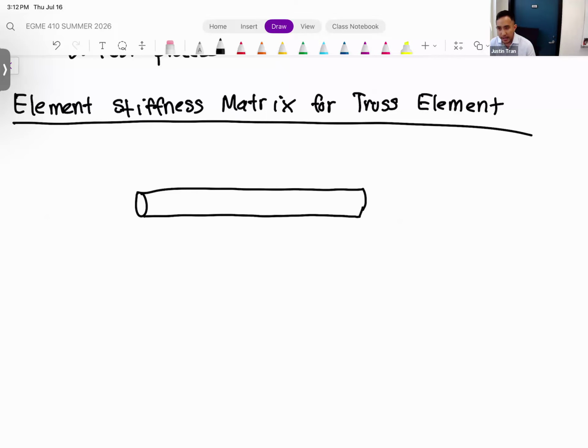If you recall from your statics class or your solid mechanics class, a truss bar is essentially a slender object that's only designed to sustain tensile and compressive forces.